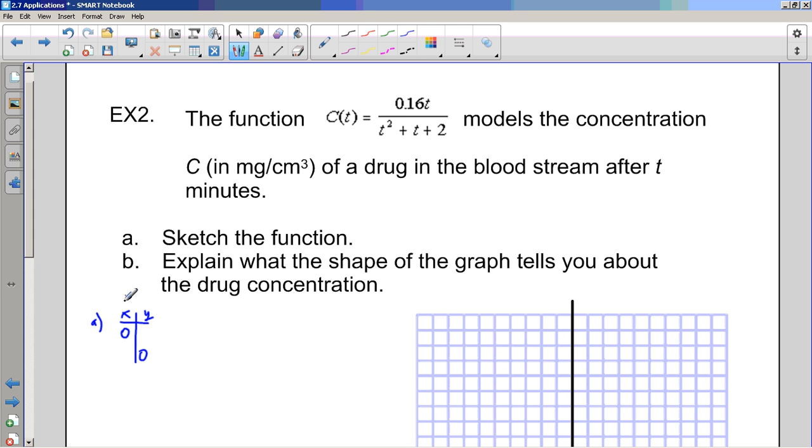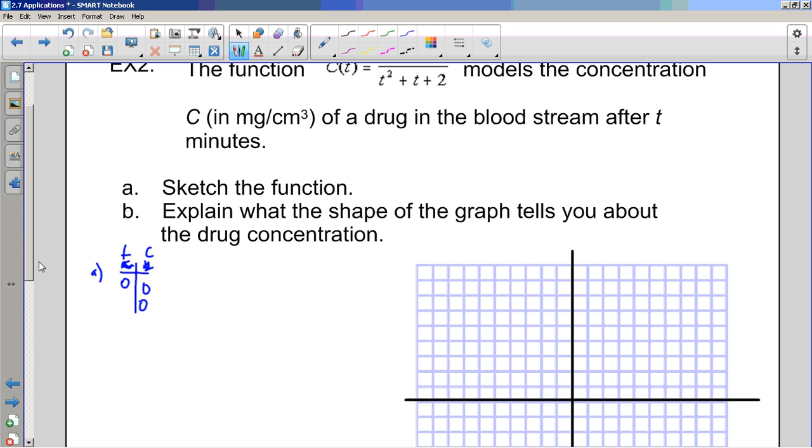Not x and y, t and c, I suppose, if we want to get technical about it. The c-intercept, when t is 0, c is 0, and probably we're going to get robbed out of our extra points there again with going through the origin, but let's find out.